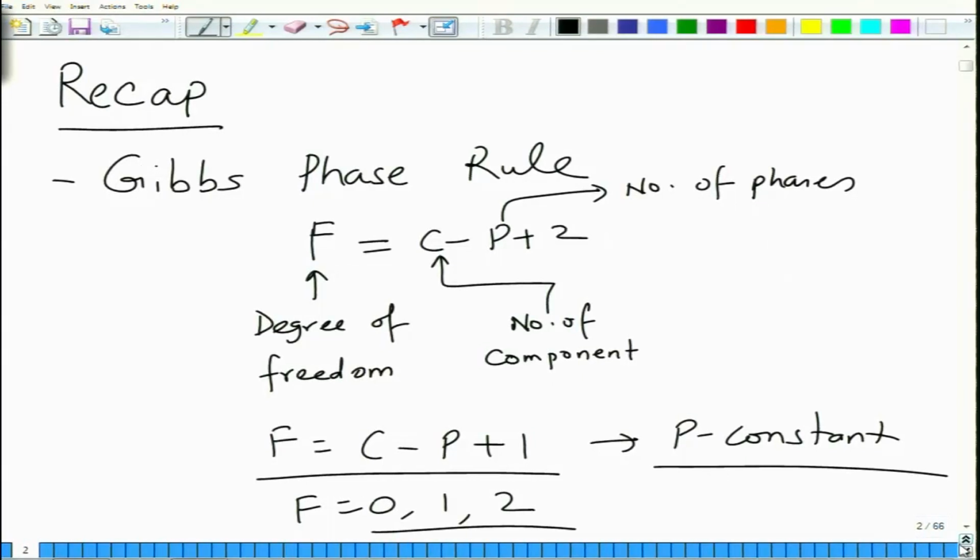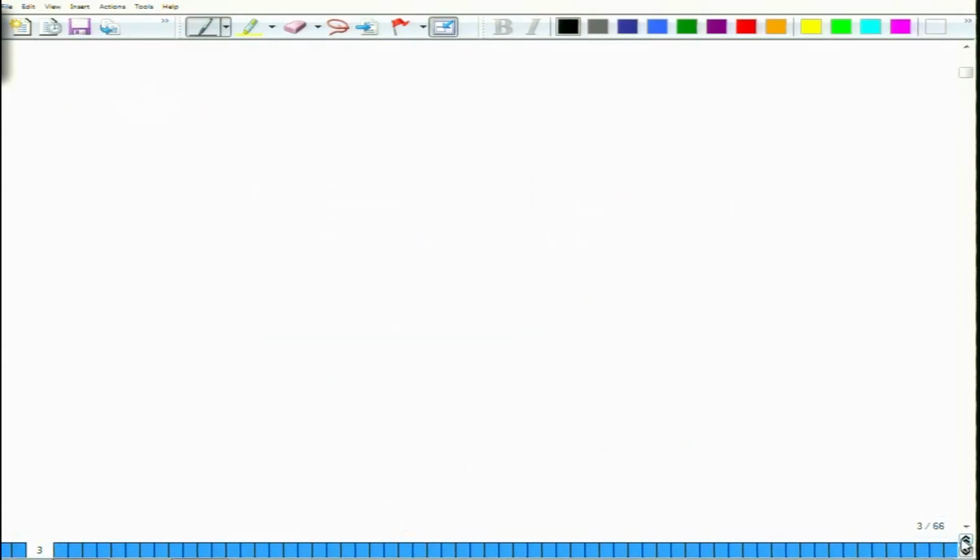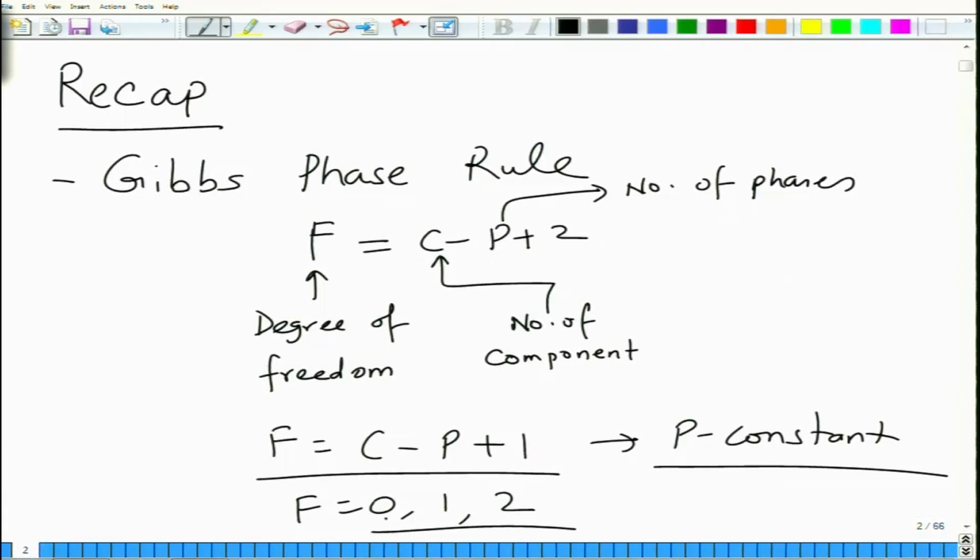When F is equal to 0, the system is invariant, which means you are standing at a point. In a unitary system, it meant three phase equilibrium exists only at a point. The moment you move away from the point, the equilibrium goes away and you are into two phase or one phase equilibrium.